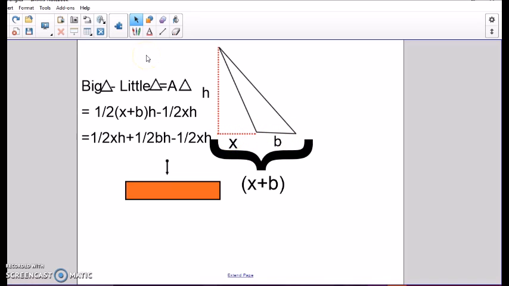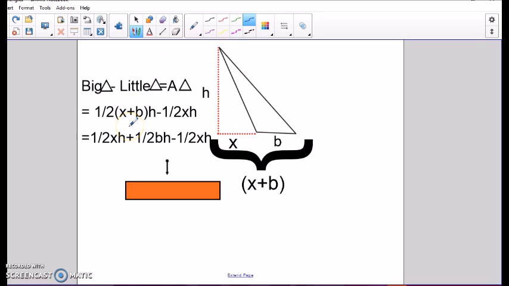Okay, so to figure it out, we're going to have to do this big triangle minus this new little triangle that we made to determine the area of the triangle. So we do 1/2 (x plus b) times h minus 1/2 xh, which would be this one.